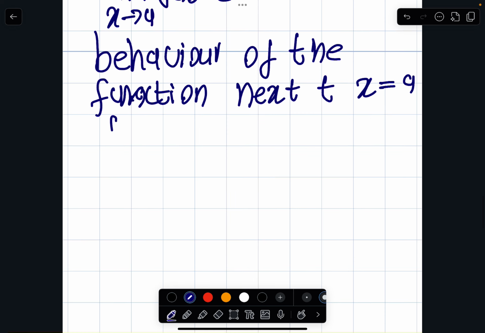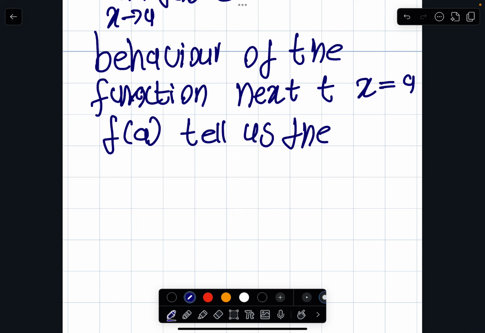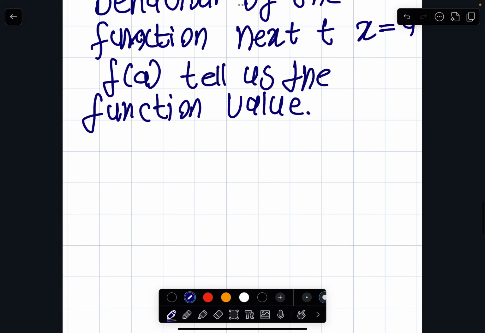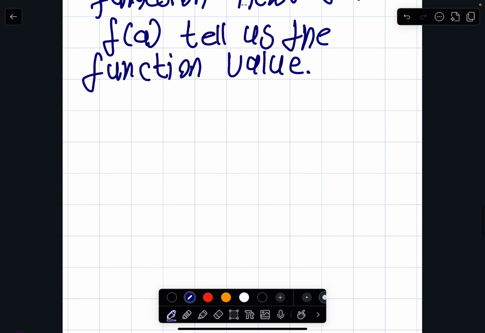And another one, we say f of a tells us the function value. Understand? Gives us the function value only. Understand? And also you give them an example.